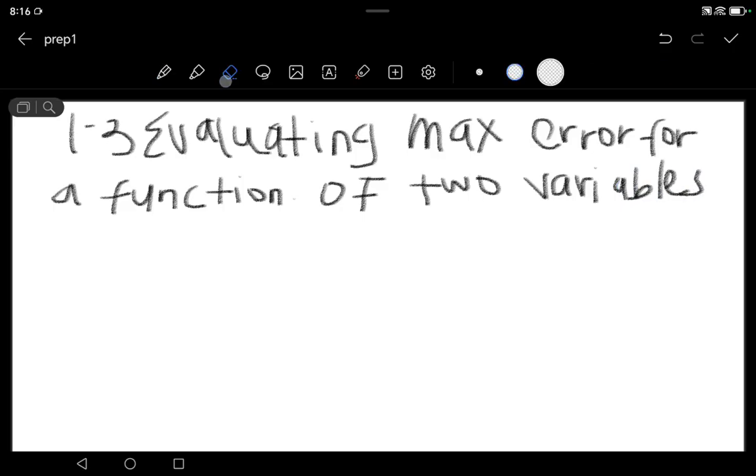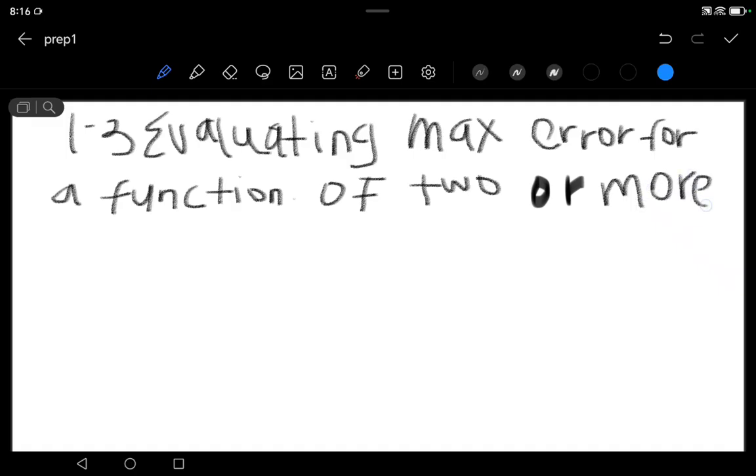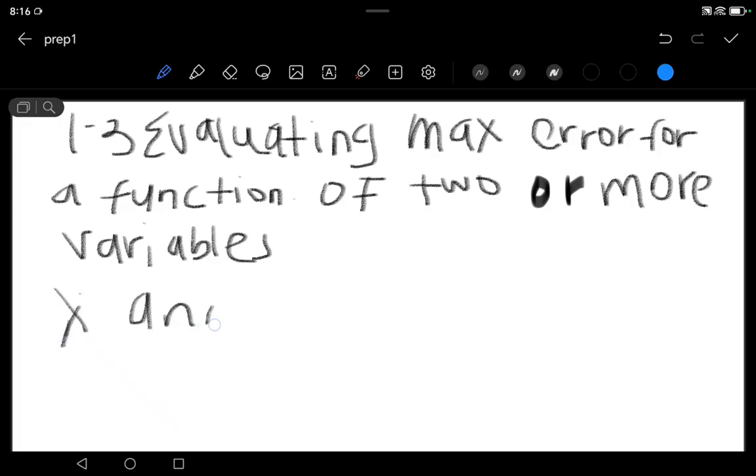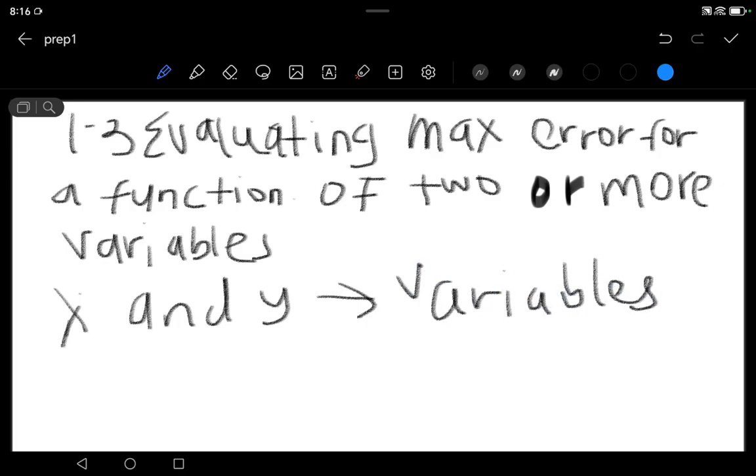Let's say 2 or more variables. Under here we have x and y as our variables, and the change in x and change in y are our errors.